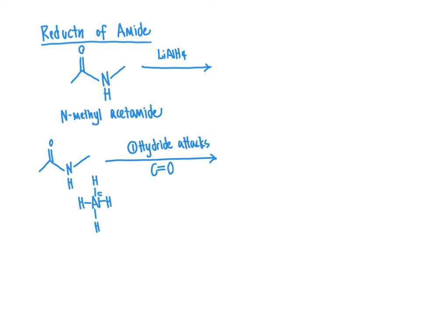Remembering my negative charge on the aluminum there, that has 4 covalent bonds. The hydrogen as a hydride, because it's taking the electrons from that hydrogen-aluminum bond with it, is going to come in and attack the carbonyl group there. And then the carbonyl electrons right here that I'm highlighting in red are going to come in and form a bond with the aluminum to help stabilize the intermediate. So let's go ahead and show that product.